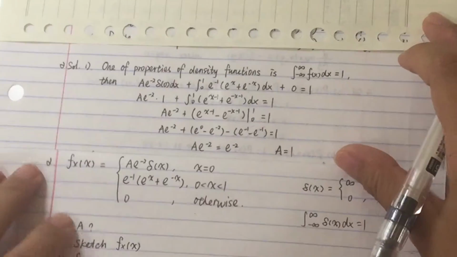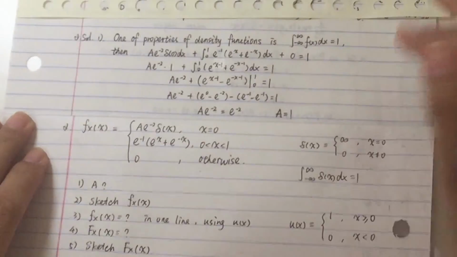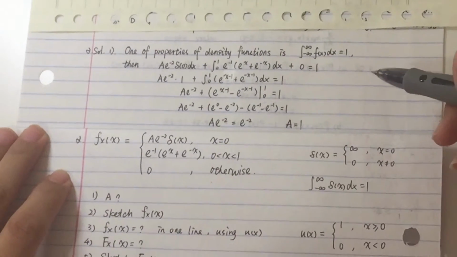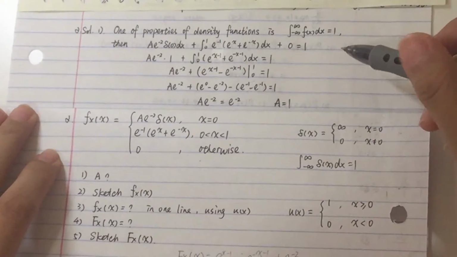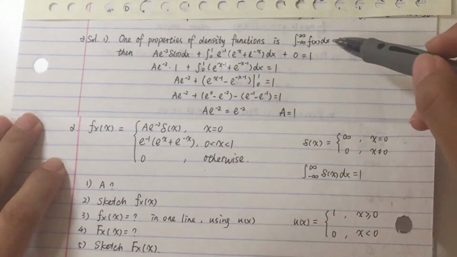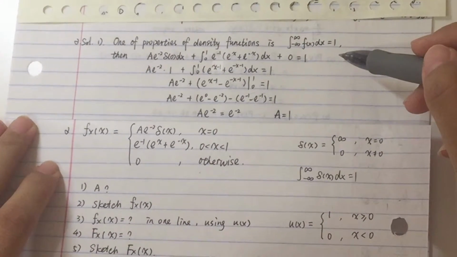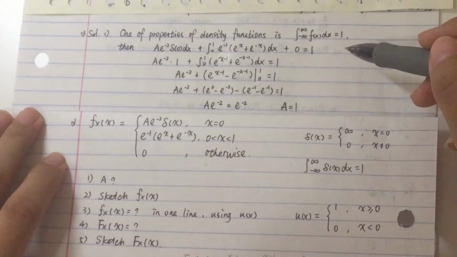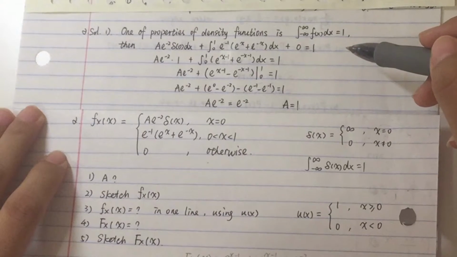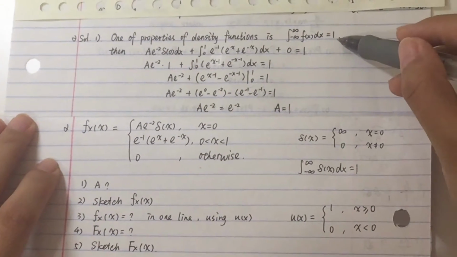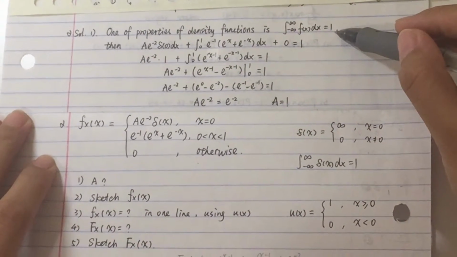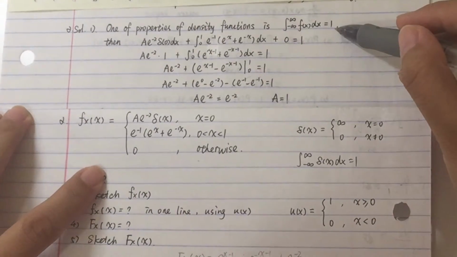We know one of the properties of density functions is that the integral on the domain from minus infinity to infinity equals 1. So we use this to solve the problem.